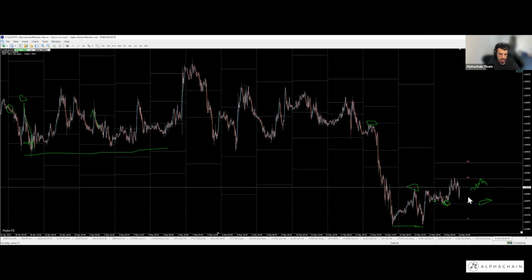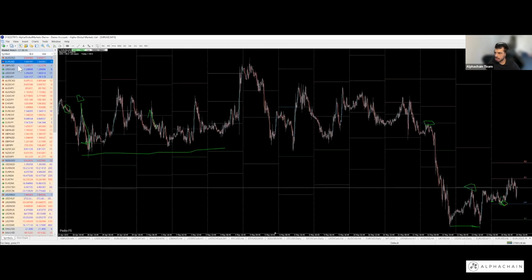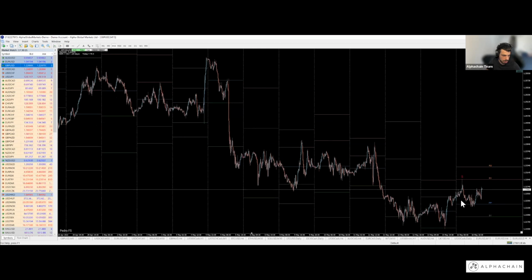Another situation you can use as well, I think this one was on pound dollar. Pound dollar is kind of the example I just mentioned, which was price opening here. Price went up and hasn't touched the pivot point level yet.